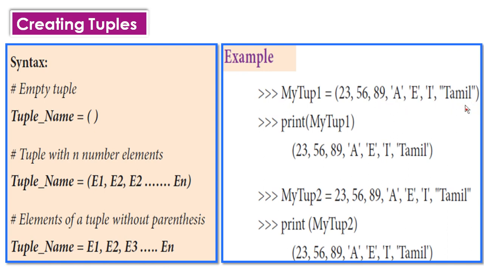These different data types of elements are separated by commas and enclosed with parentheses. We print this tuple by using print myTup1, so we get the results. In the second example, the parentheses are not given. Even though the parentheses are not given here, we get the same result as 23, 56, 89, A, E, I, Tamil enclosed with parentheses. This is the example for creating tuples.